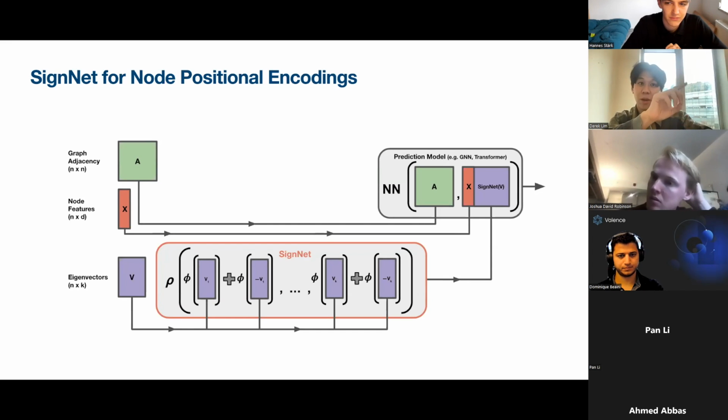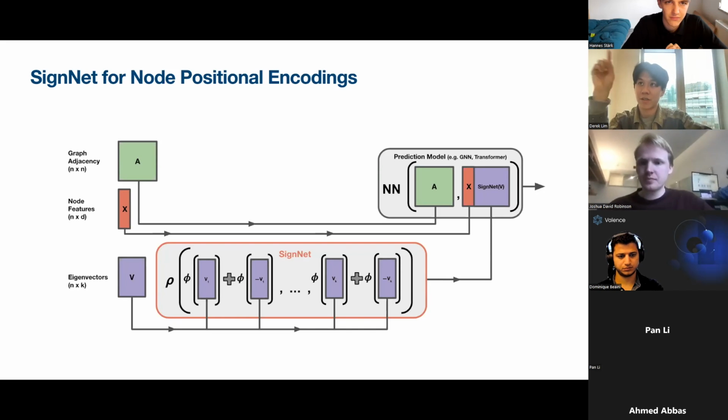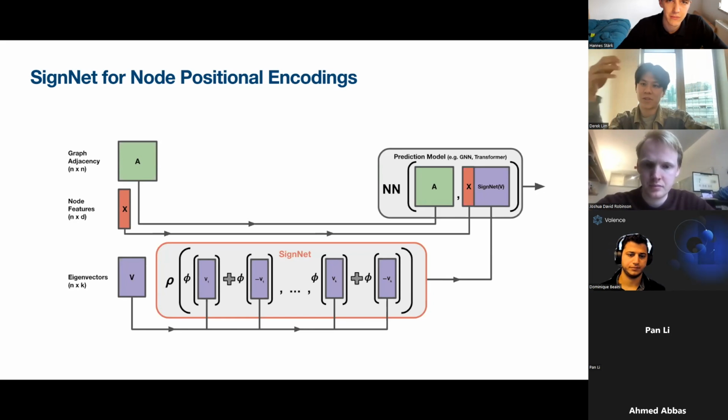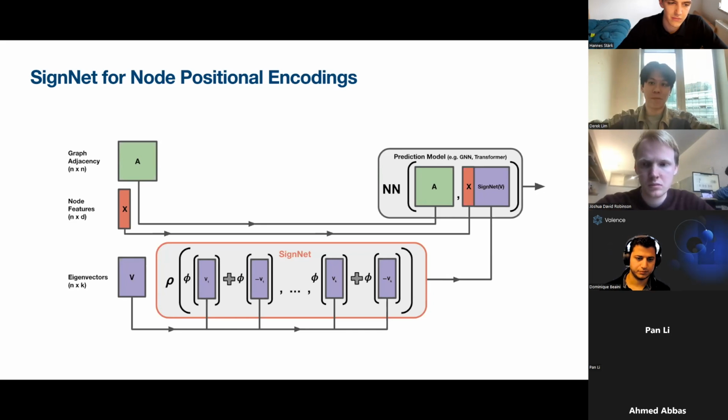Then we process the eigenvectors with SignNet, and then we concatenate the processed eigenvectors back to the node features all the way on the right to use in a prediction model like a GNN or a transformer. You could also put eigenvalues or even the node features inside SignNet too. But this is how we do it mostly.